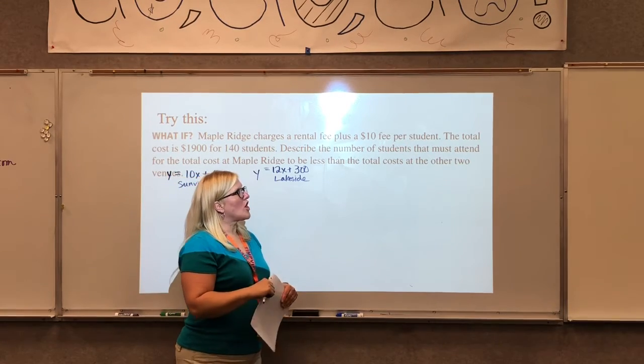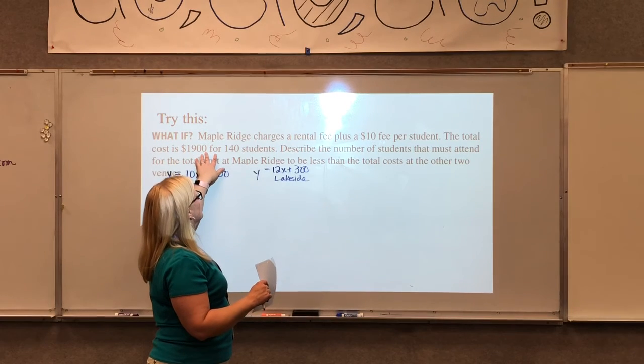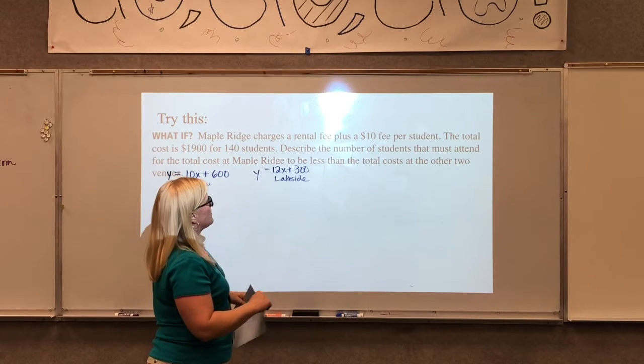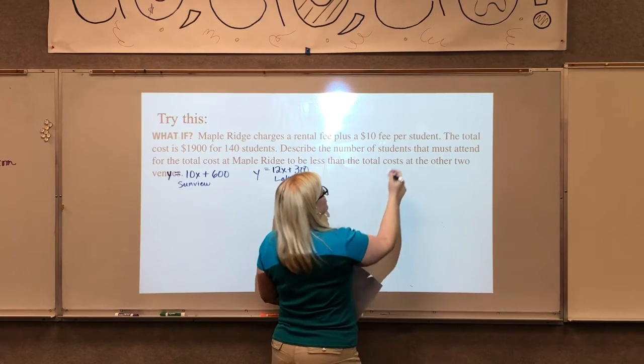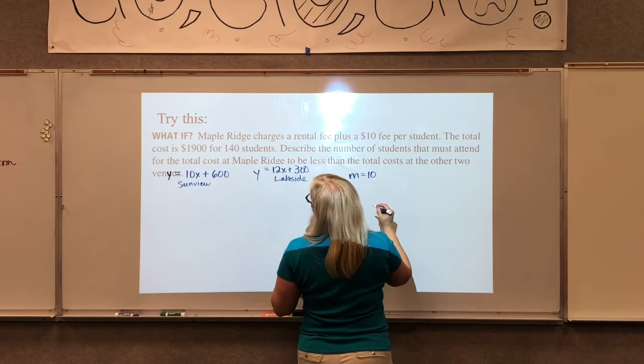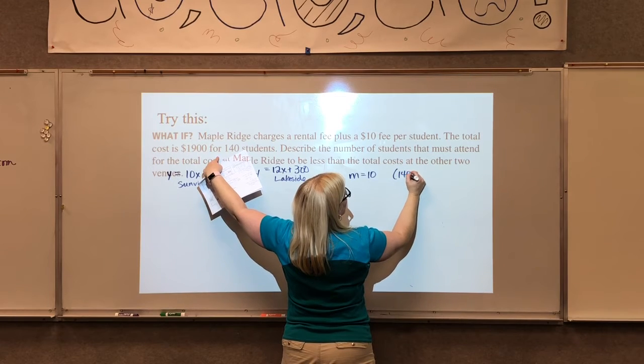So they both charge 10 per student. But let's do an equation for Maple Ridge, and let's compare the three. So this is $10 per student. That's my slope. And this is going to be a point on the line.